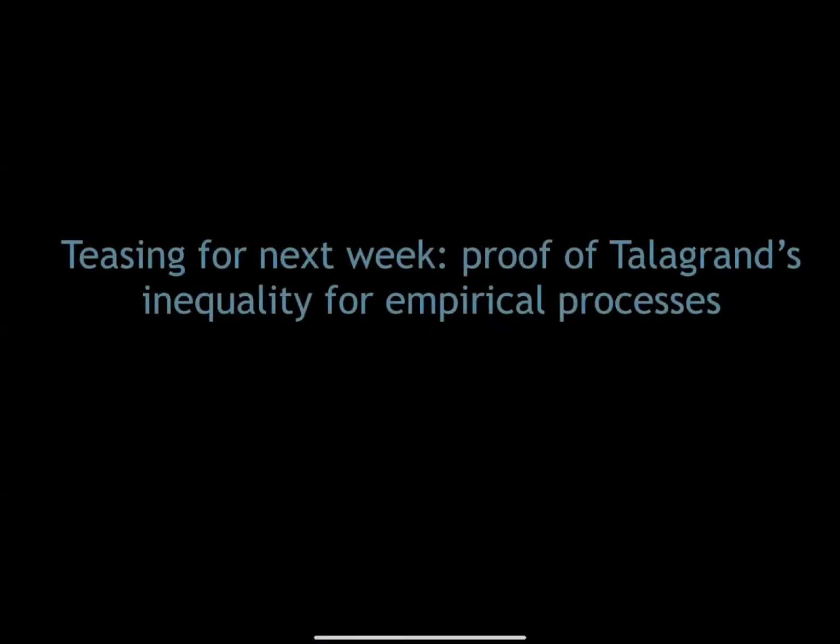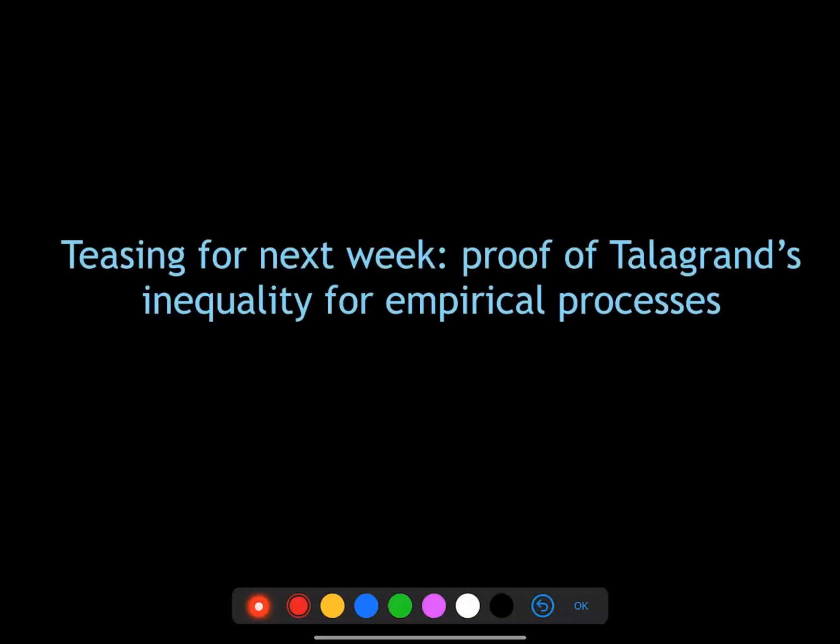So now it's a teasing for next week. Next week, we shall use this structural inequality to prove Talagrand's inequality for empirical processes. And as you will see, it will merely be a combination with the Poissonian bound that we have seen for the supremum of a non-negative empirical process and the structural Efron-Stein inequality.